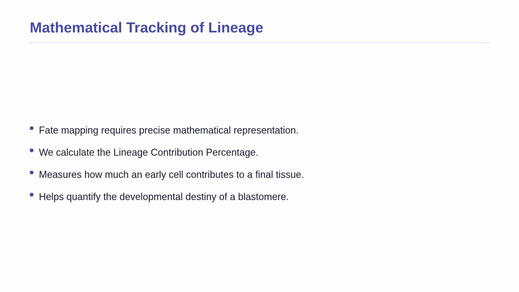One common way is to calculate the lineage contribution percentage. This metric tells us exactly how much a specific early cell contributes to a final target tissue. By quantifying this, researchers can determine if a cell's fate is entirely restricted to a single organ or if its descendants spread out to form multiple different tissues across the body.